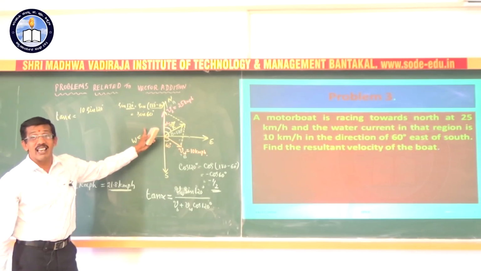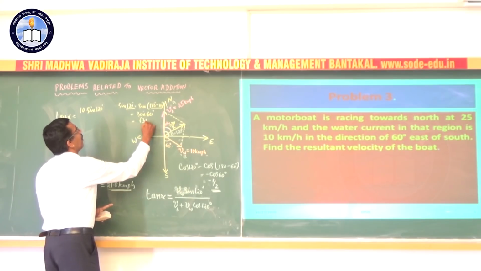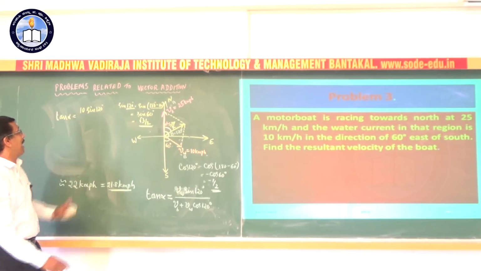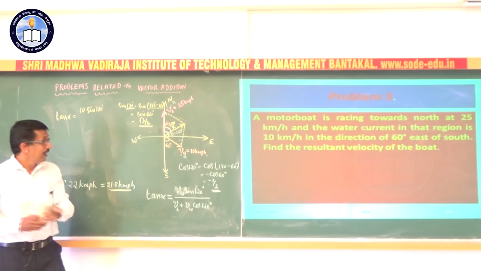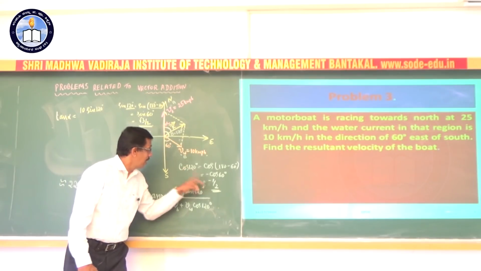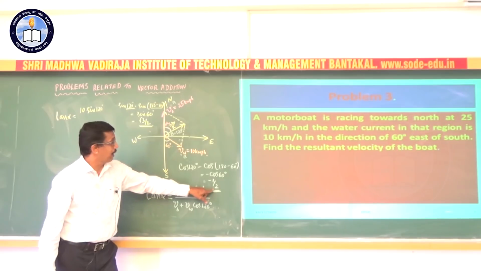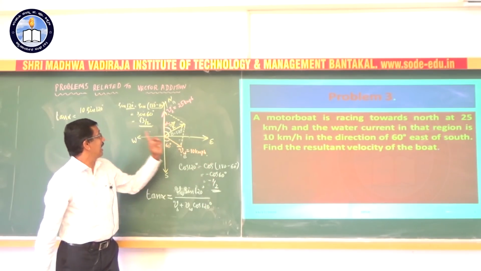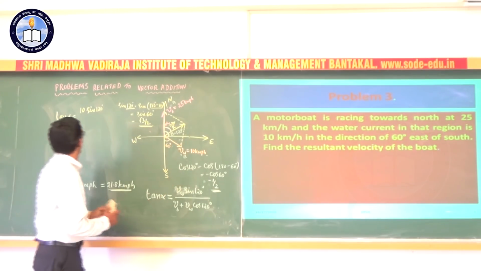In the second quadrant sin is positive. Sin 60 we know is root 3 by 2, so sin 120 is also root 3 by 2. But cos 120 is not plus half, it is minus half, because in the second quadrant cos is negative.